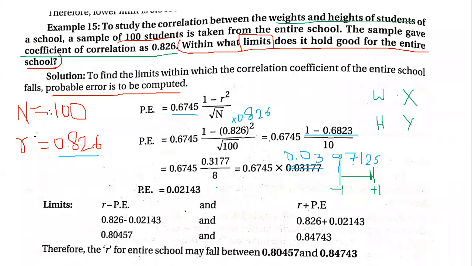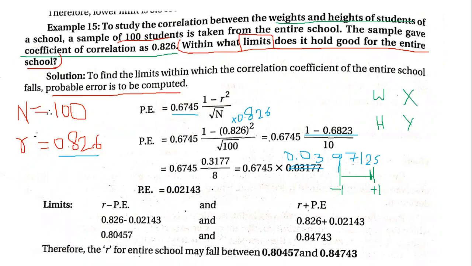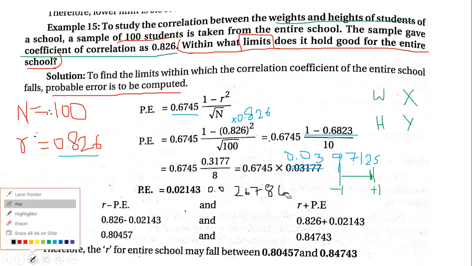I'm just correcting that. Please copy down these values. It's going to be 0.026786.